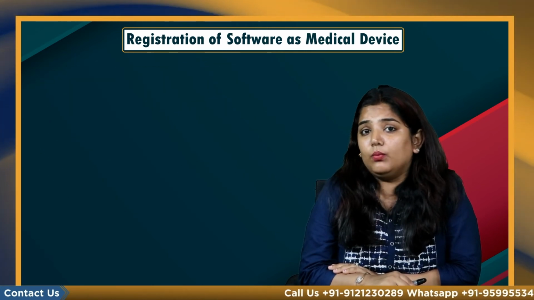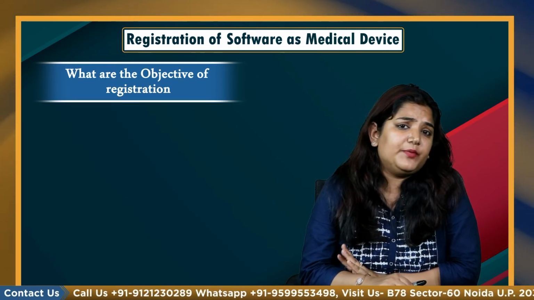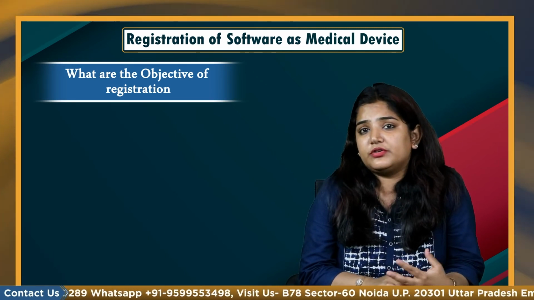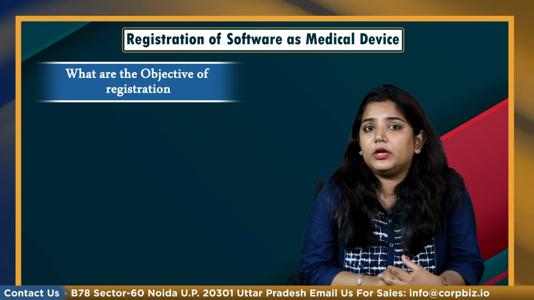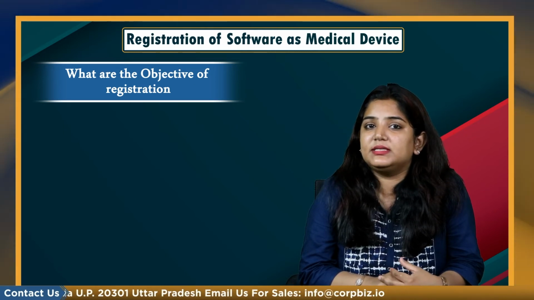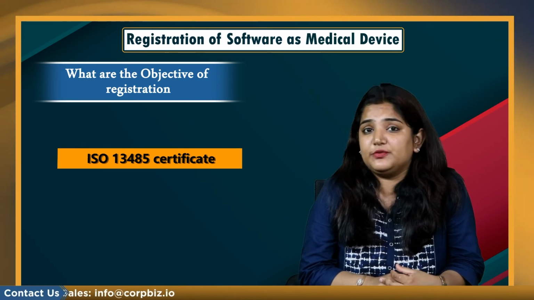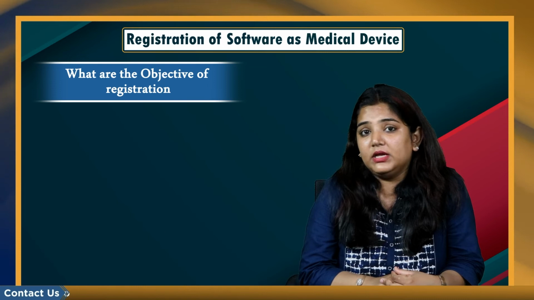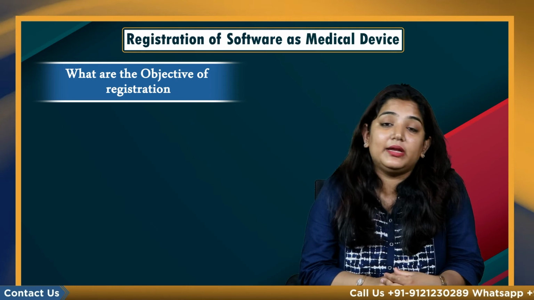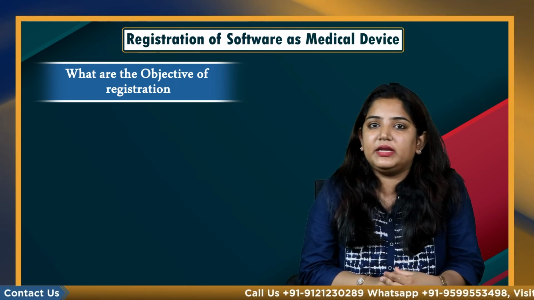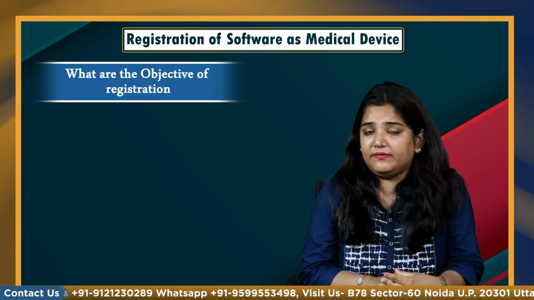Now, let's see what the objective of registration is. The objective of the Indian government behind imposing registration appears to be phase-wise regulation of medical devices. The prerequisite for getting registration is the existence of an ISO 13485 certificate, quality management system QMS for medical devices, obtained from a certification body accredited with the International Accreditation Forum or the National Accreditation Board for certification of the manufacture of software as medical devices.